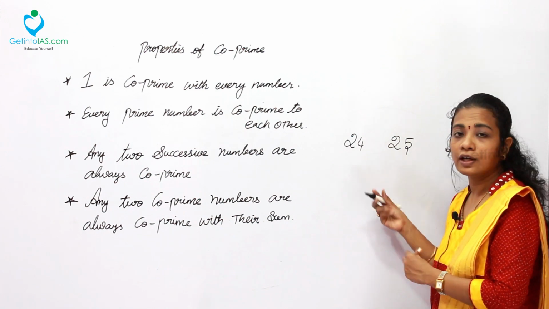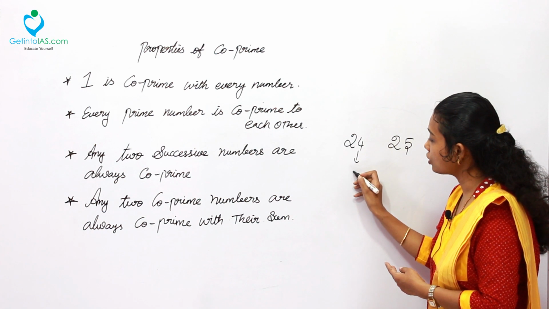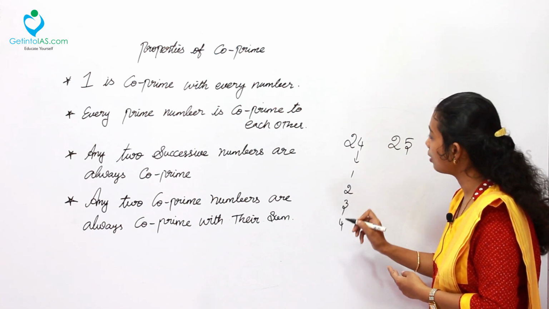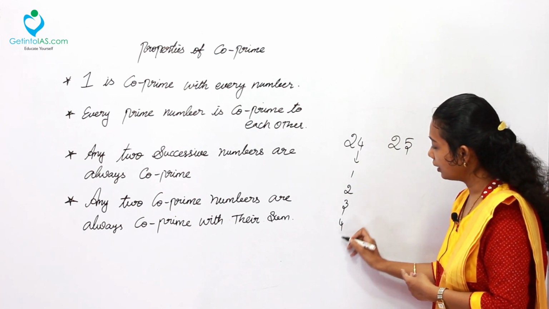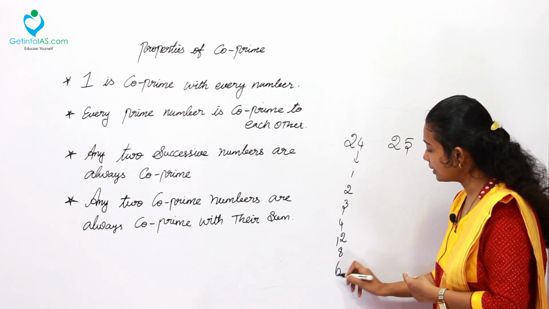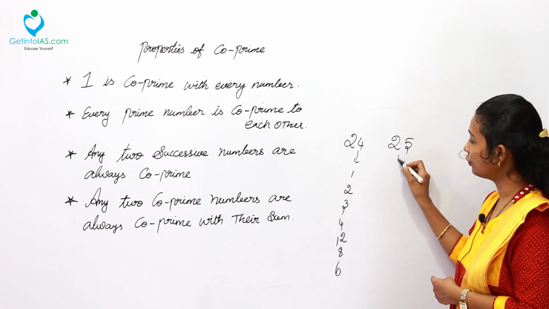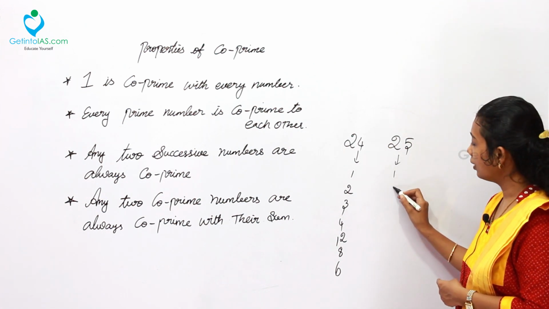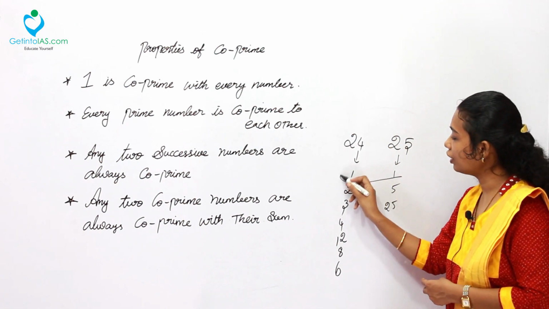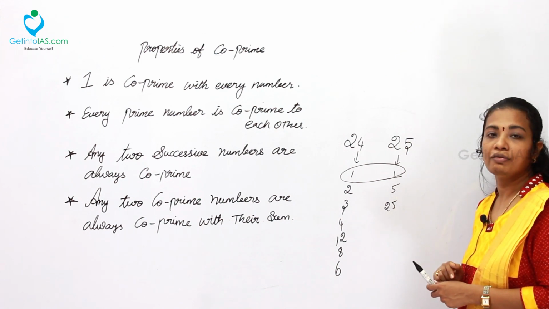Let's take the factors of 24: 1, 2, 3, 4 are divisible, 5 is not divisible, then 12, 8, and 6 are divisible. For 25, 1 is a factor, 5 is a factor, and 25 is a factor. So for 24 and 25, the common factor is 1, and after that none.